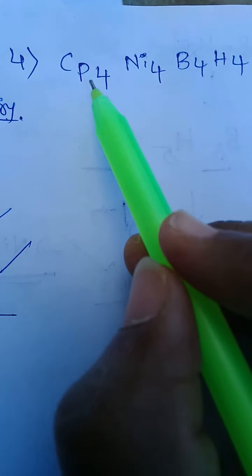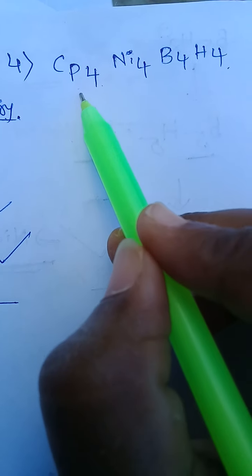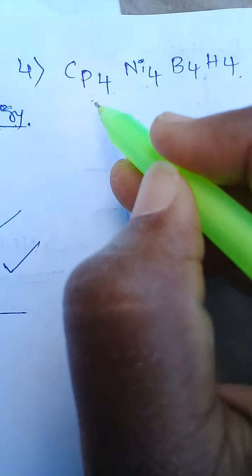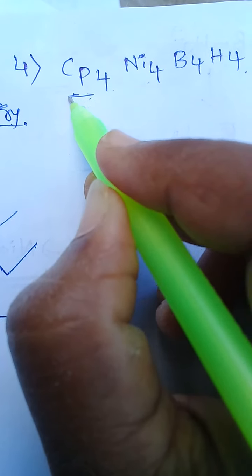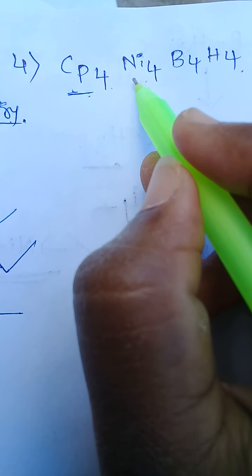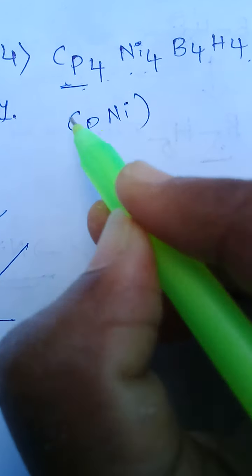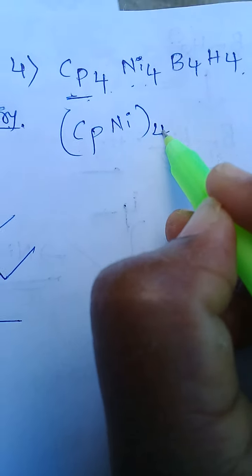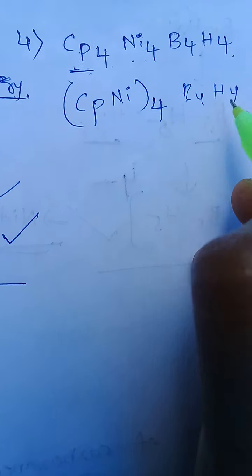The next example is Cp4Ni4B4H4, cyclopentadienyl and nickel. How many cyclopentadienyl? 4, and nickel also 4, so we can write CpNi taken 4 times, B4H4.